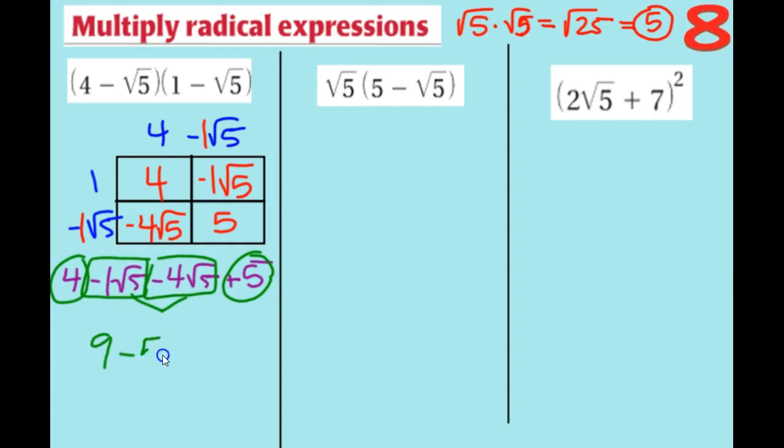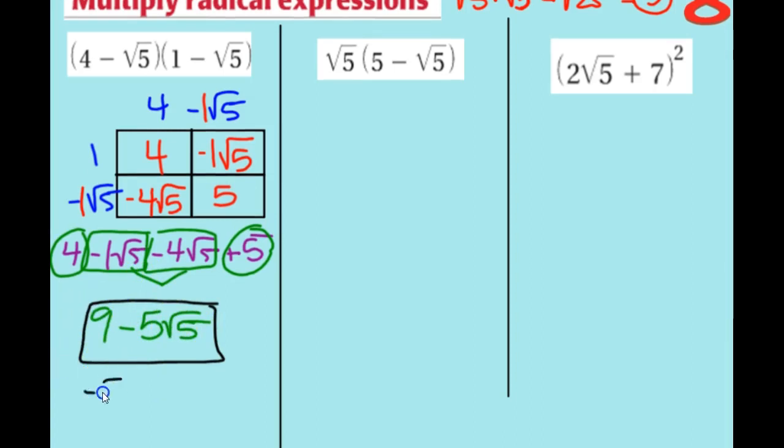So total, that's a negative 5 square root of 5. This is our answer. We cannot combine the number with the square root. It doesn't matter if you put the square roots first. If you put negative 5 square root of 5 plus 9, that's fine, but the square root's only over the 5, not over the 9. So either way, those are the same thing.